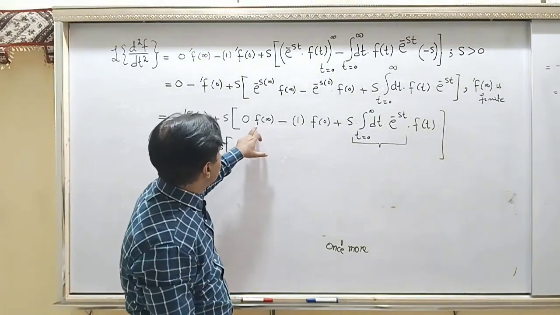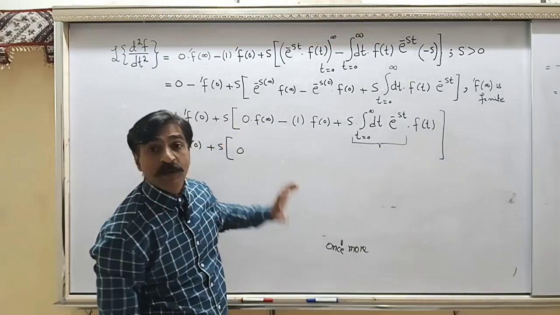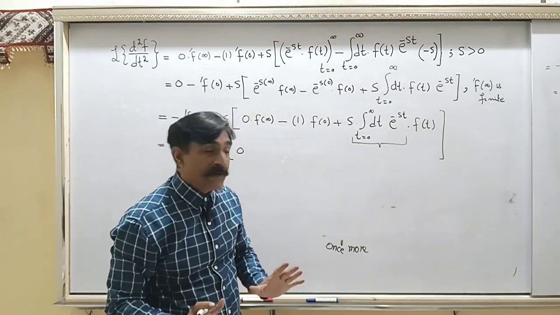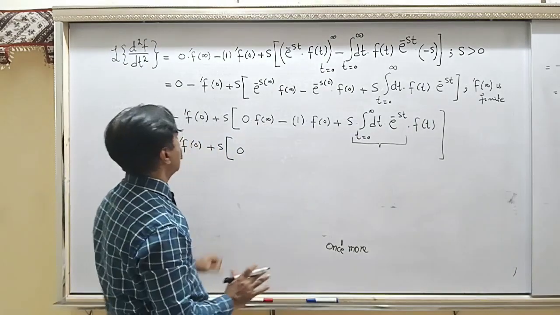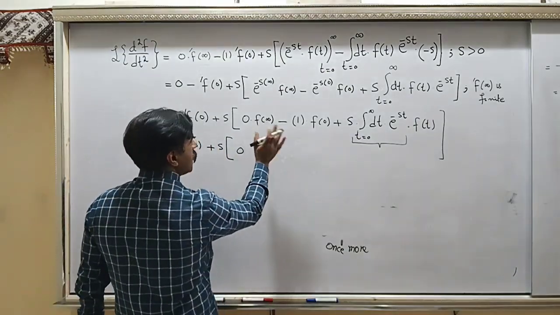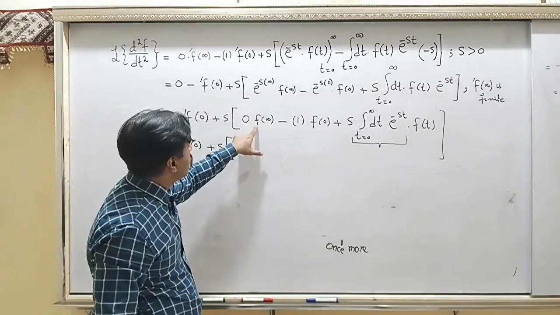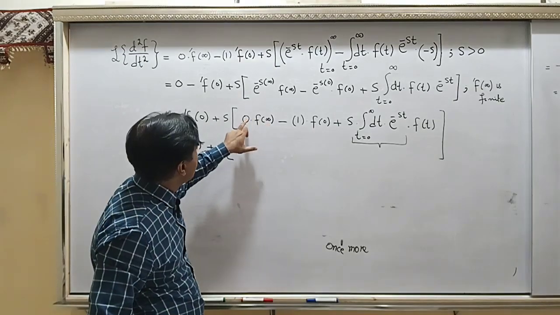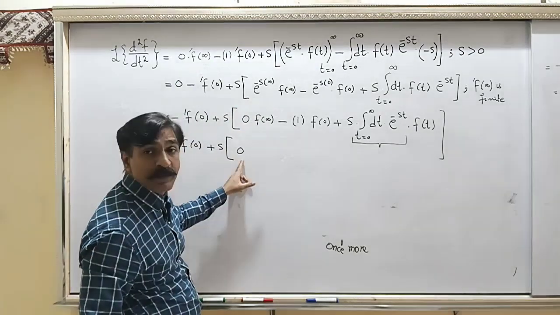Look, if f infinity was infinity, then infinity multiplied by 0 is indeterminate, right? Be careful. This thing needs to be explained carefully. So listen again. If f infinity is infinity, meaning the value of the function when t is infinity is infinite, then infinity multiplied by 0 will be indeterminate, meaning no answer is possible here.